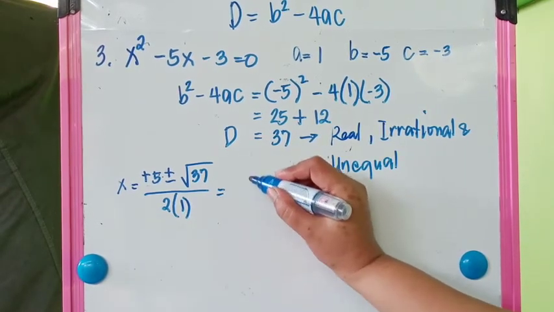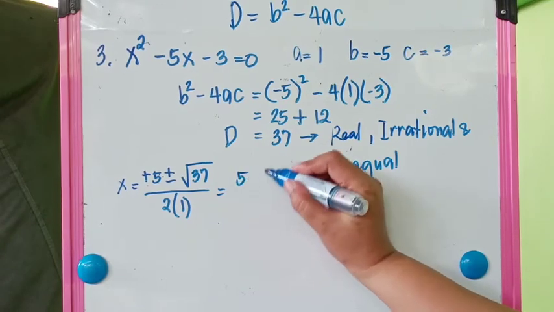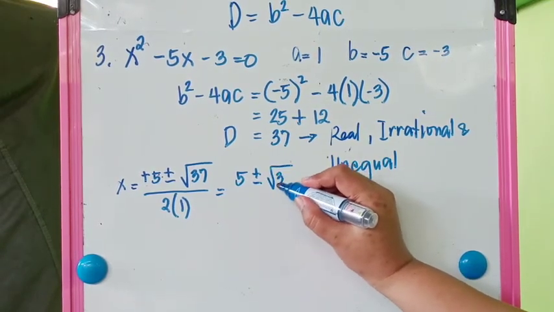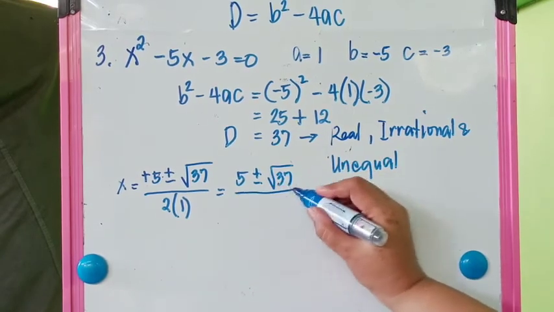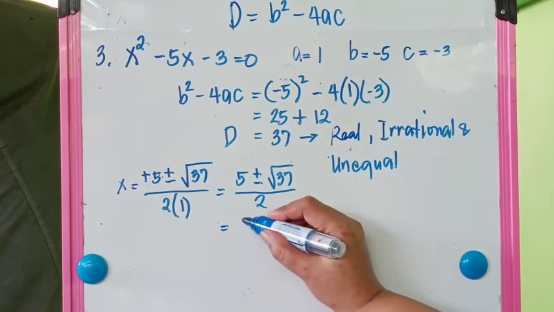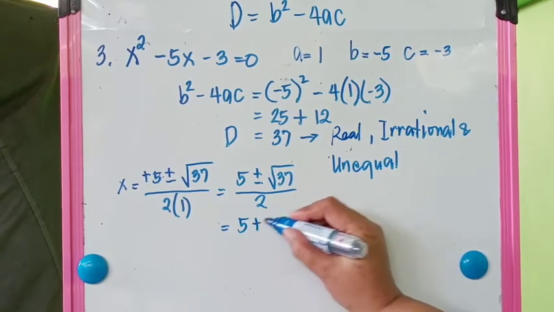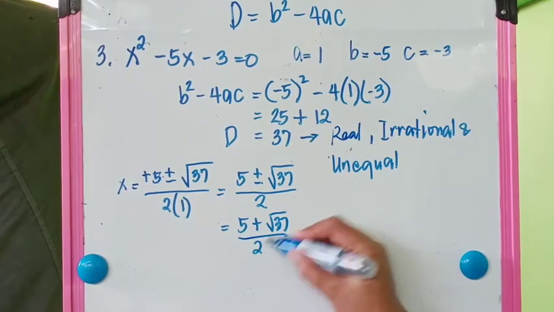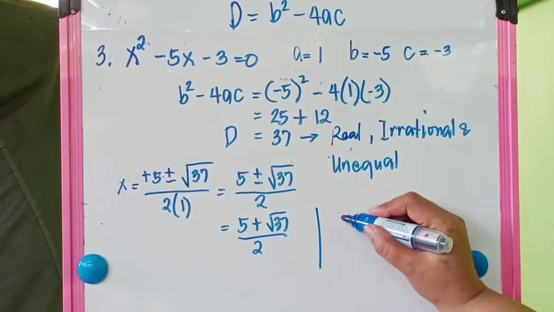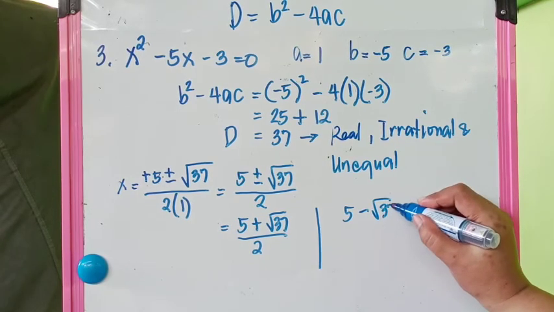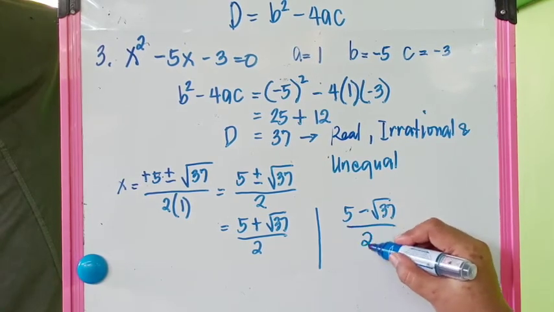So we have 5 plus the square root of 37 over 2, and the second one is 5 minus the square root of 37 over 2.